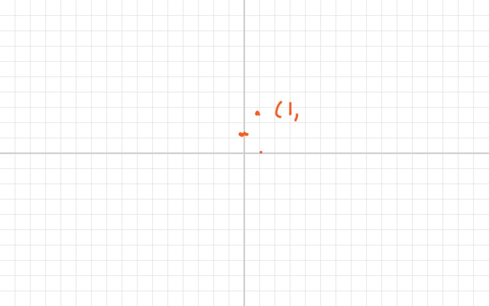So 1 goes to 2.72, and 2 goes to 7.39. I'll put it right about here. So basically, it looks just like the others.